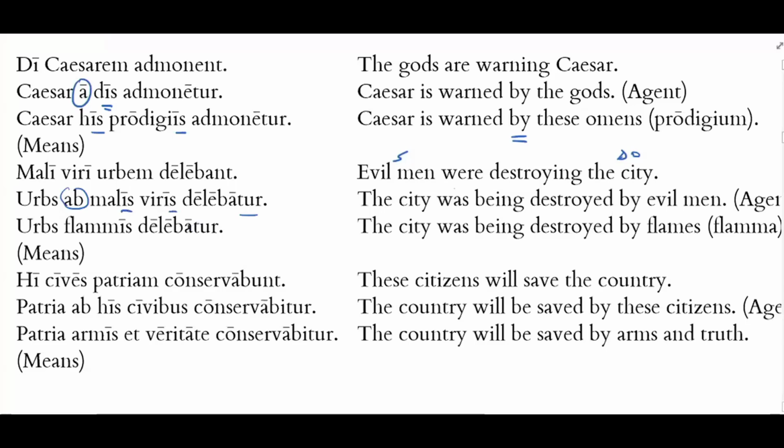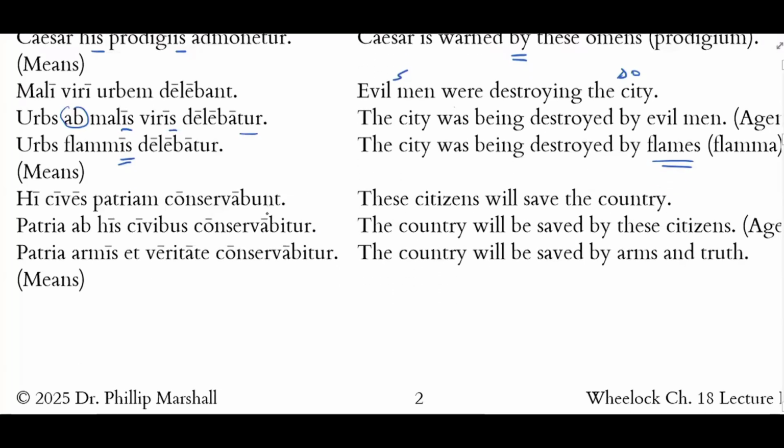The city was being destroyed by evil men, bad men. If the thing that's destroying the city is not a personal agent, but things with no intention, like flames, then I use the ablative of means with no preposition. Urbs delebatur, the city was being destroyed. Flammis, there's the ablative with no preposition. By flames.